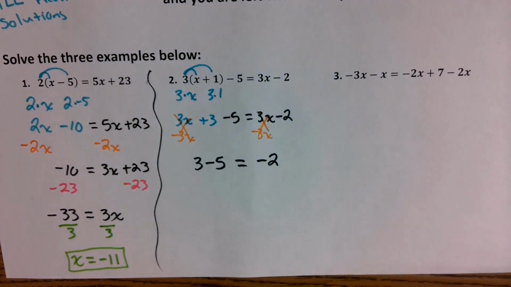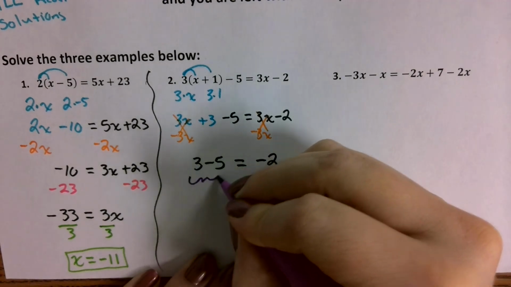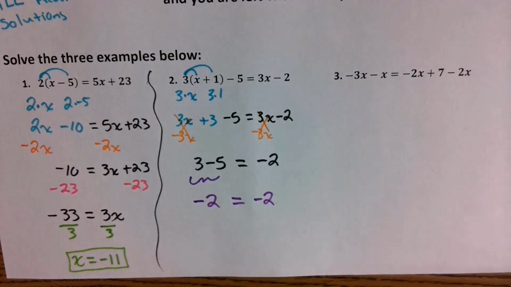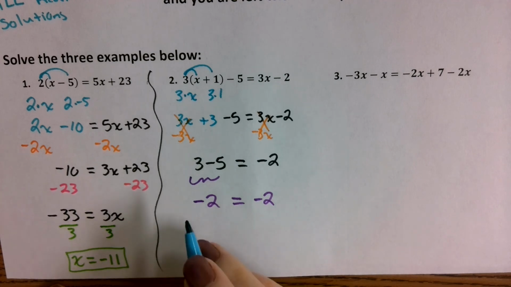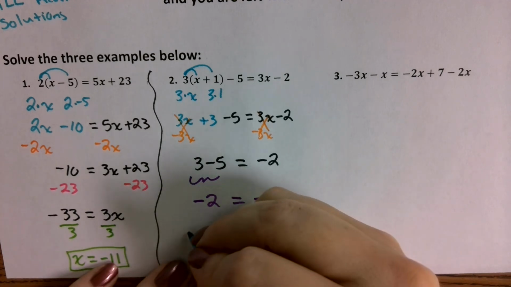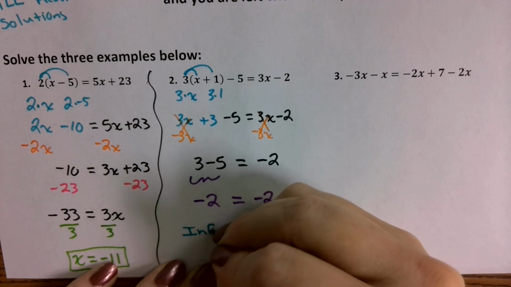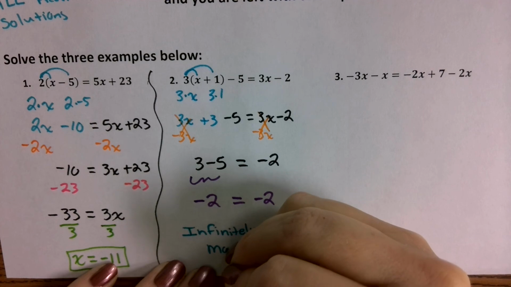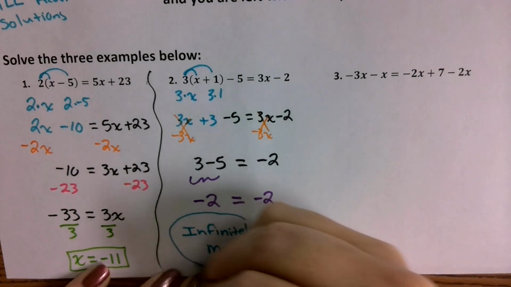If you go ahead and simplify this 3 minus 5, that gives you negative 2, which is equal to negative 2. So your variables have completely canceled out. You are left with a set of values that are equal to each other. That means that this is infinitely many solutions for problem number 2. So you should have gotten infinitely many solutions for problem number 2.